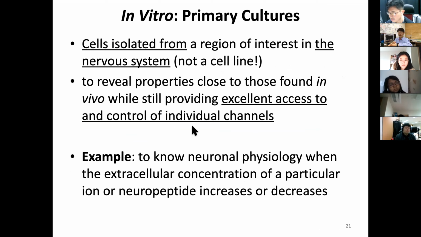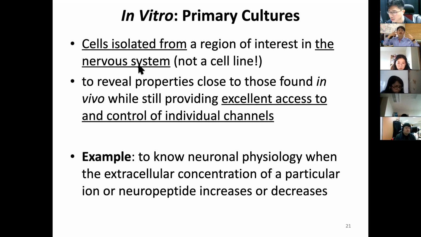All right, now we change gears to the real sample preparation. First, in vitro, there's a demo for primary culture. In an in vitro experiment, you can isolate cells from a region of interest in the nervous system. Let's say I'm interested in cortical neurons, you pull out the cortex.